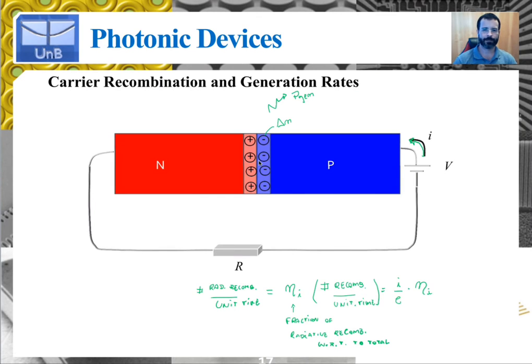So you will not be able to efficiently extract all of the light that is generated to the outside world to be used in a given application. So some light is lost, and this needs to be taken into account as well.